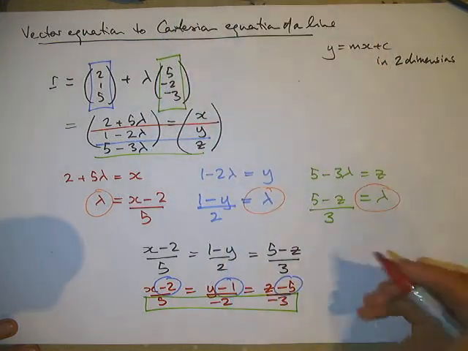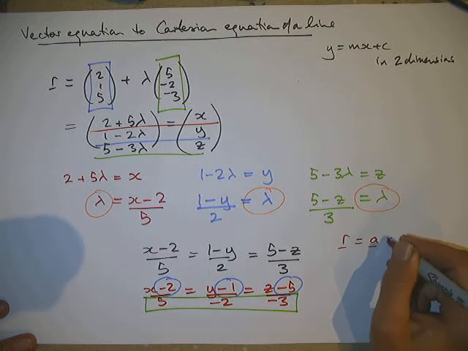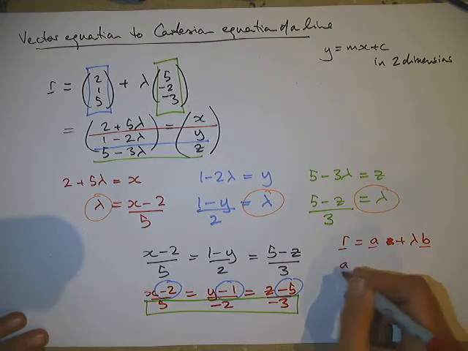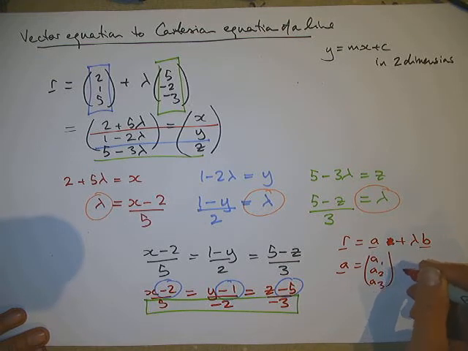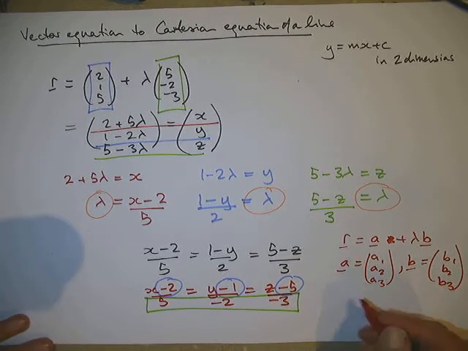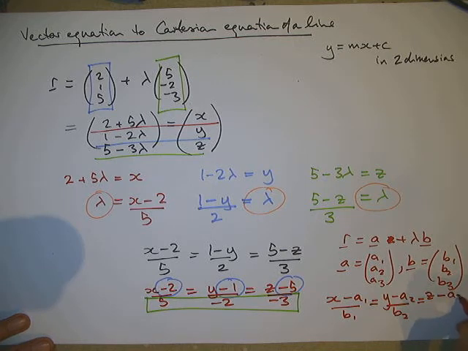So it is quite useful to know if we've got r equals a plus lambda b, and if we say a is a1, a2, a3, and b is b1, b2, b3, the Cartesian form is always x take a1 over b1 equals y take a2 over b2 equals z take a3 over b3.